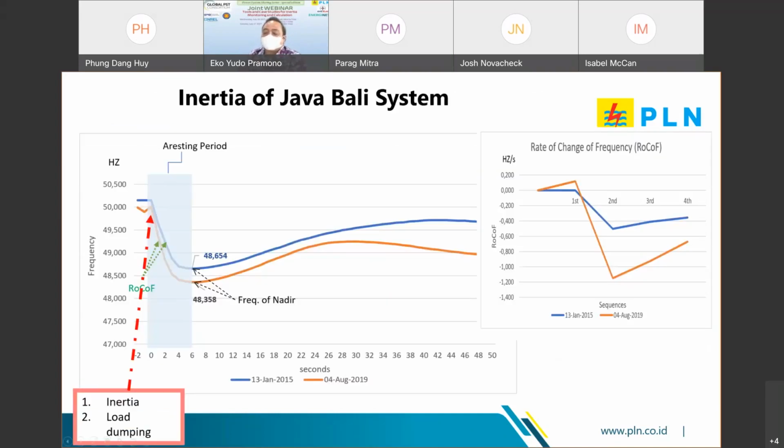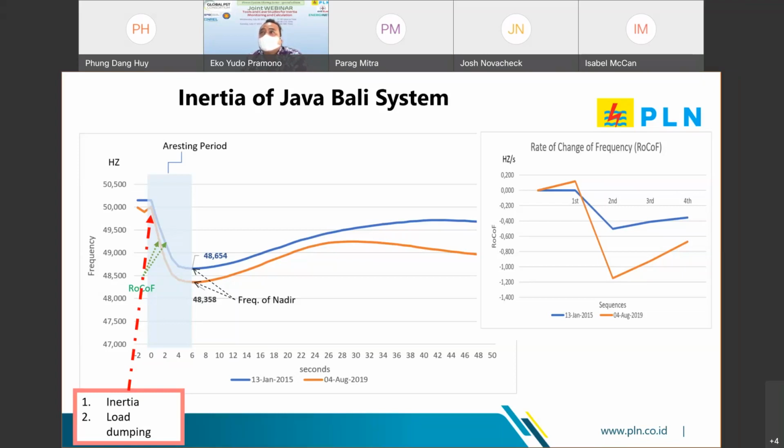After the large disturbance, we calculated our inertia in Jawa Bali. In the two large disturbances in Jawa Bali, this is the red and the blue one. The blue one is where we had high inertia and generators, and the red one where we had lower inertia.